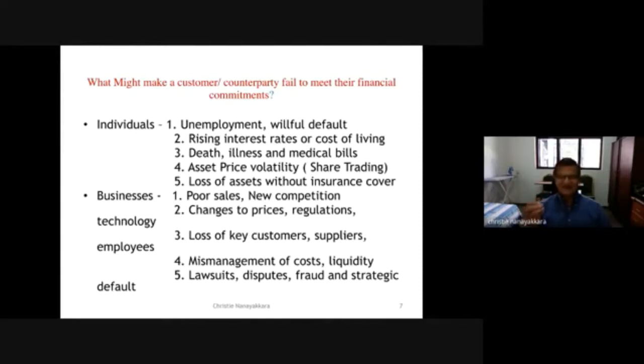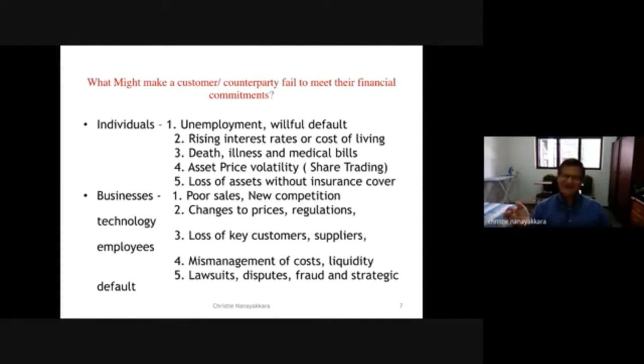Now we need to see why customers default. We have some customers whose incomes get wiped out due to various reasons. If you are employed and become unemployed, you are unable to pay a facility. You also get another type of customer. They have money, but their gut feeling is somehow to default on the bank.